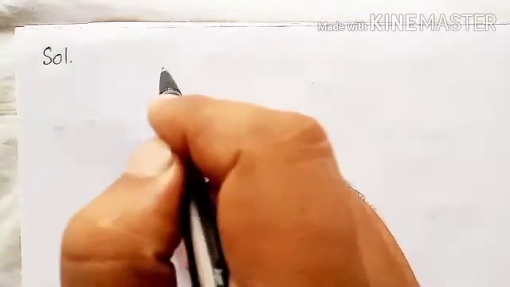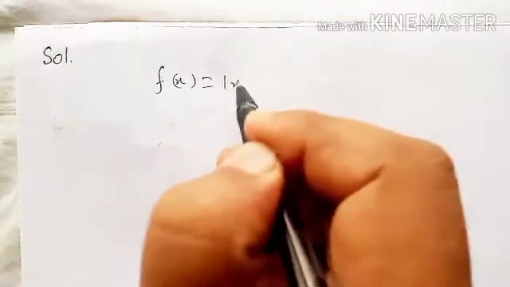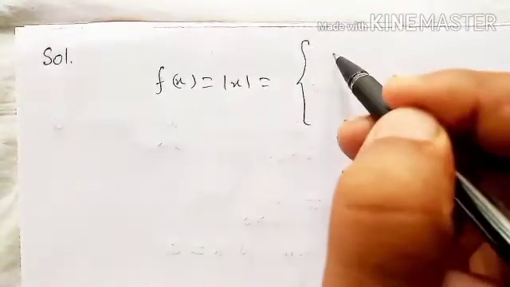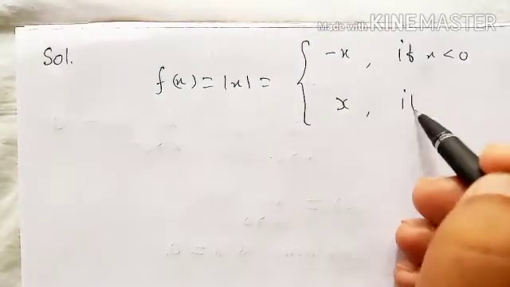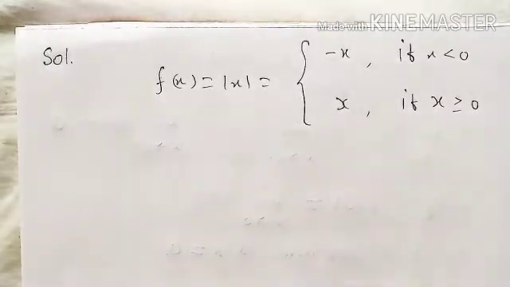Solution. You know that f(x) = mod x is minus x if x is negative and x if x is positive or 0.